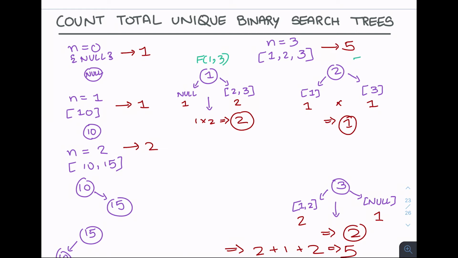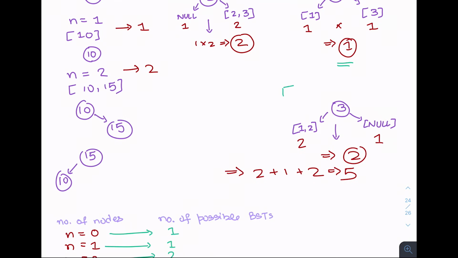Then we have f of 2 comma 3, which is the total number of BSTs possible rooted at the second node, which came out to be 1. And similarly, f of 3, 3 is equal to the total number of BSTs possible rooted at the third node when you are given 3 nodes, and that turned out to be 5.